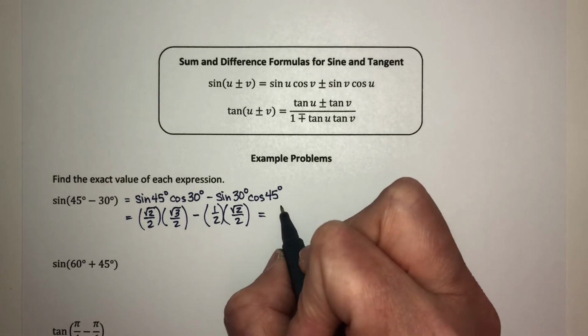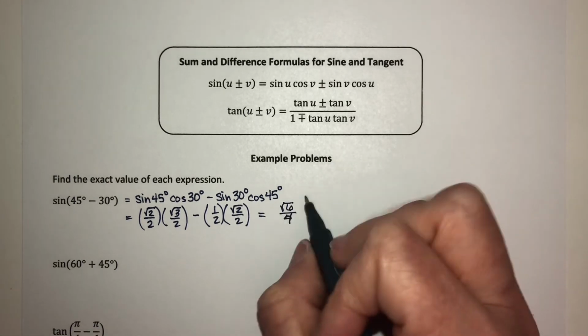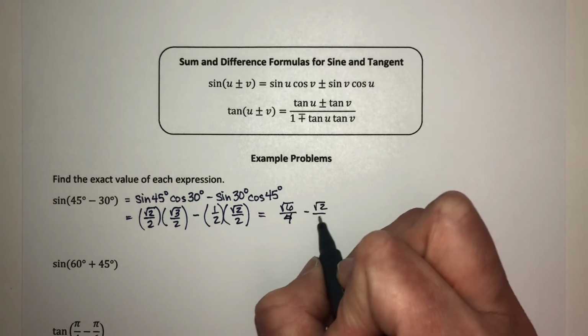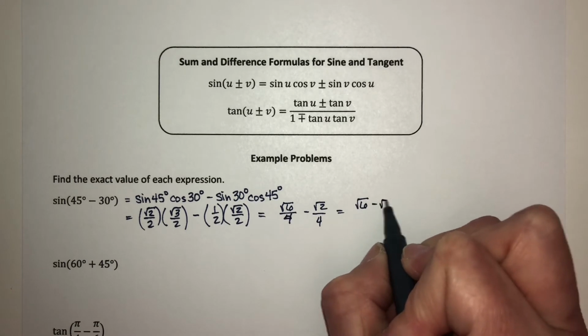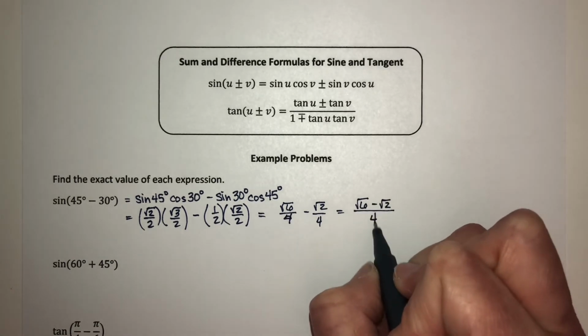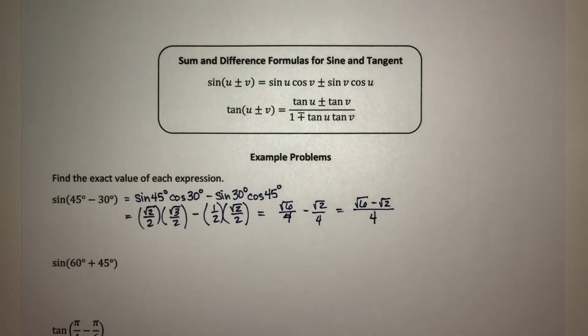So we get the square root of 6 over 4 minus the square root of 2 over 4. So our answer, square root 6 minus square root 2 all over 4. Okay?